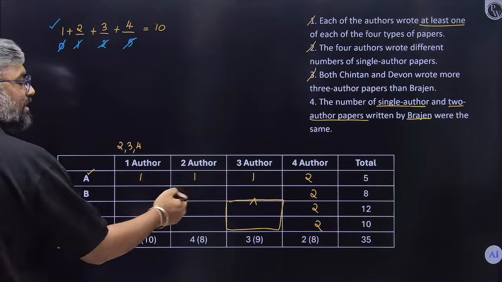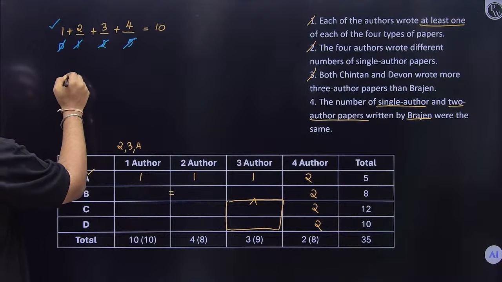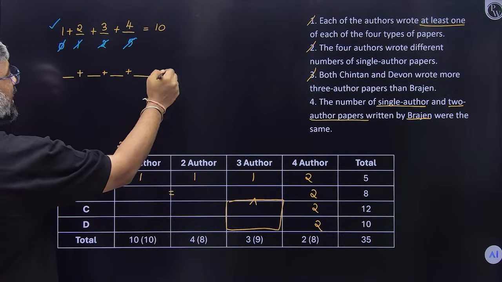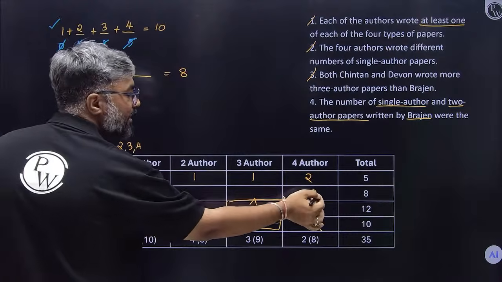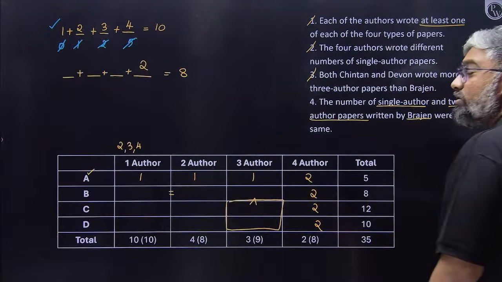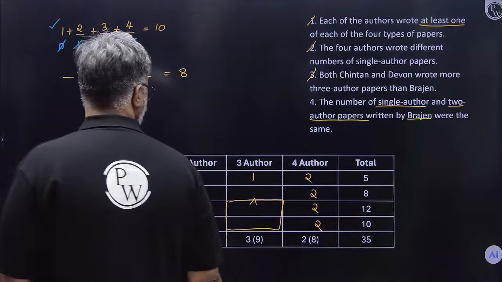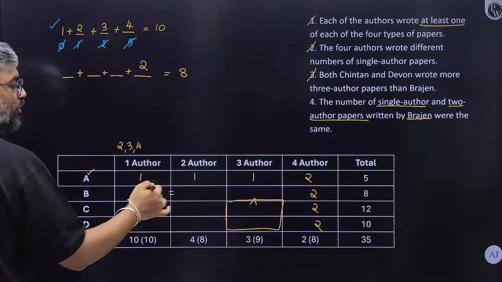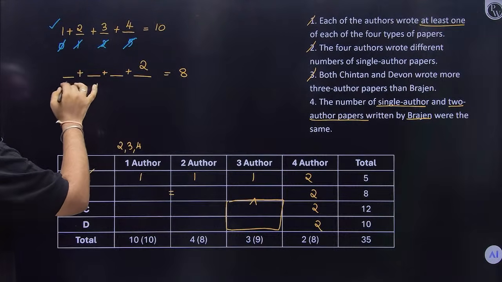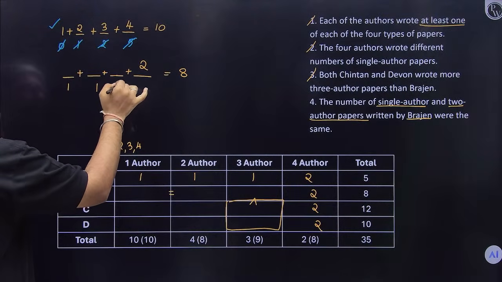Now, can we try something here? The total should be 8. The total of these 4 should be how much? 8. I know one of the values is 2. And if these both should be equal, now let's think about this. What can be possible, right? If I try 1 and 1 here, so 1, 2, 3, 4 is done. 4 is pending here, correct?